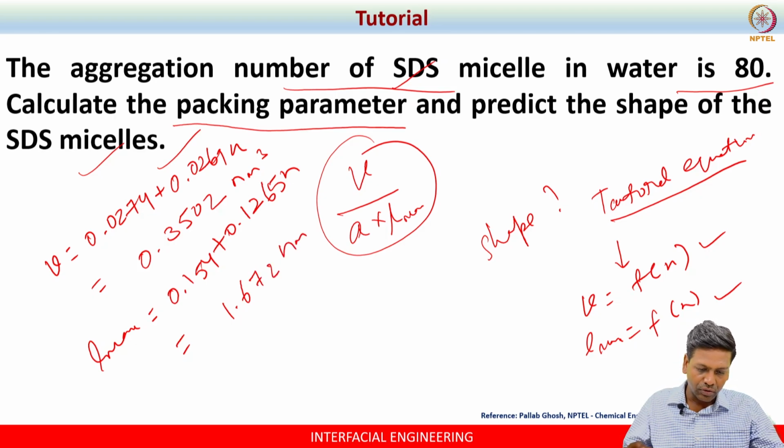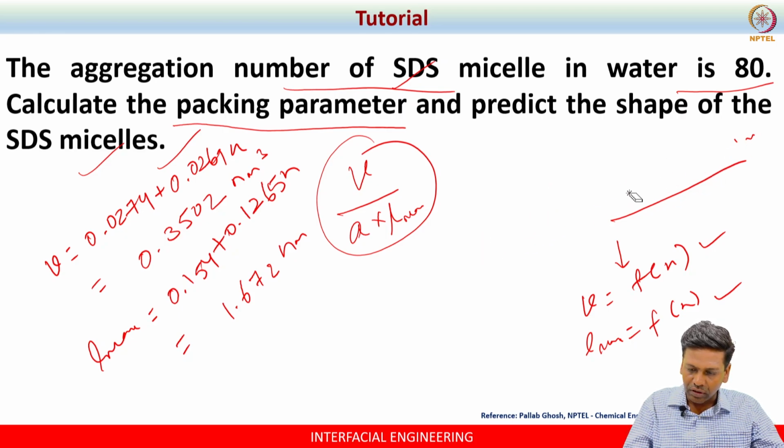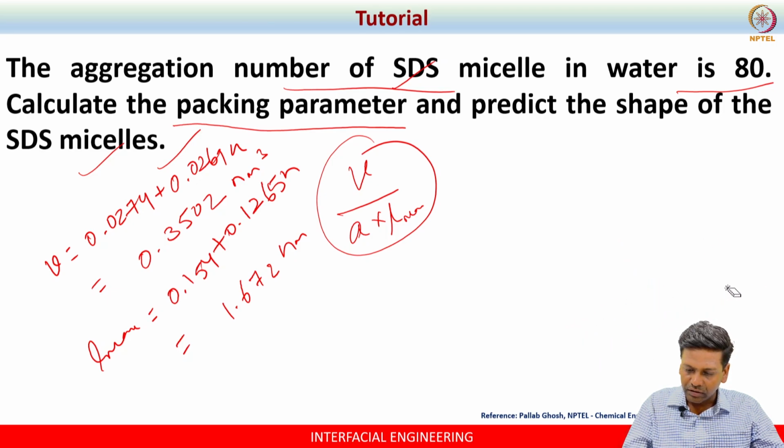Now what we need to do is substitute. Let's say if we assume that the shape of the micelle will be spherical, then the volume is going to be 4 by 3 pi r cube.